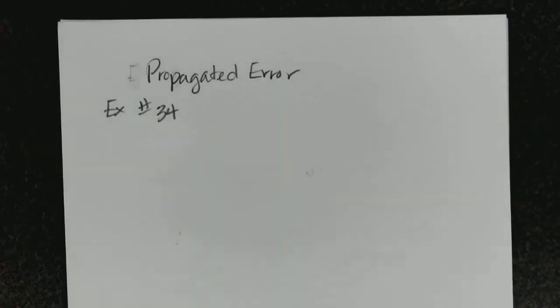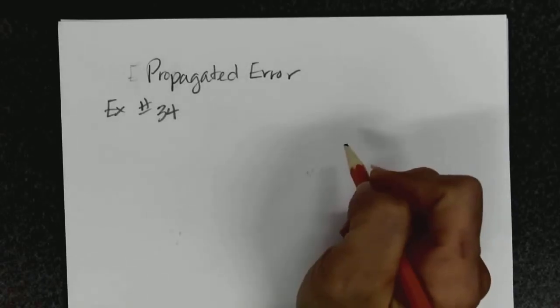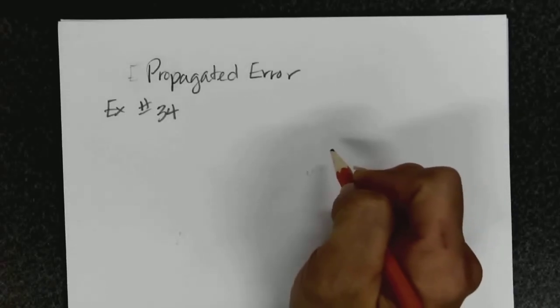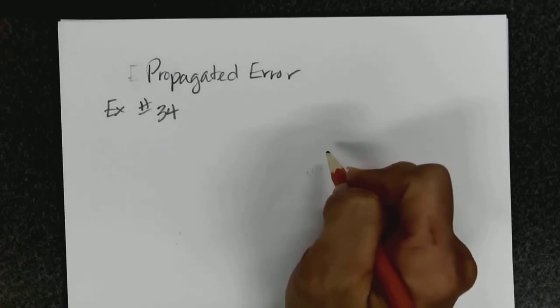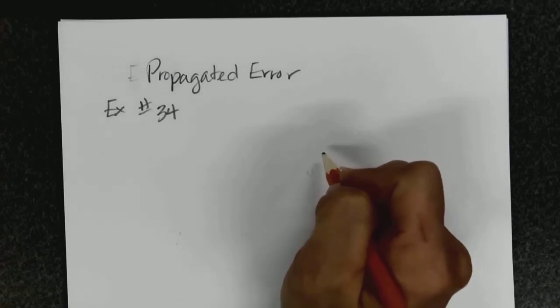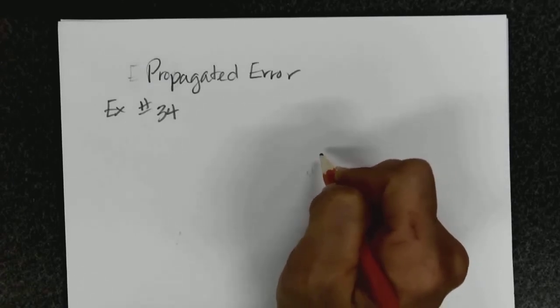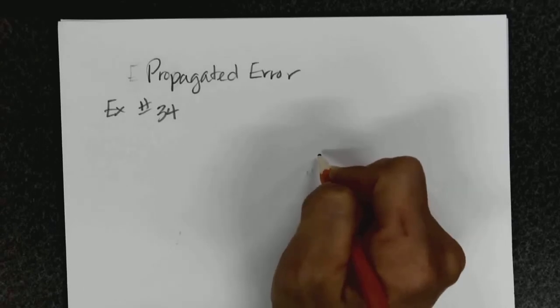the book. All right, so this says area, the measurement of the base and the altitude of a triangle are found to be 36 and 50 centimeters respectively.